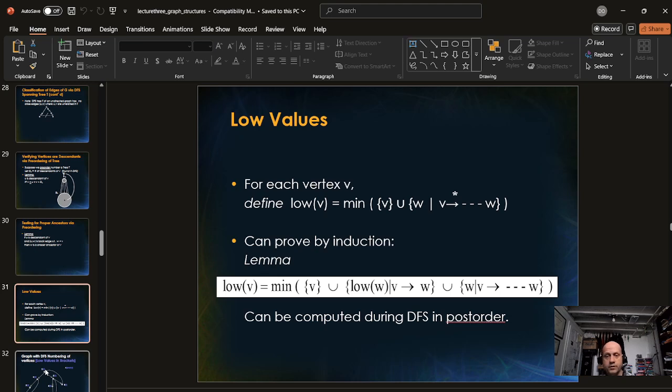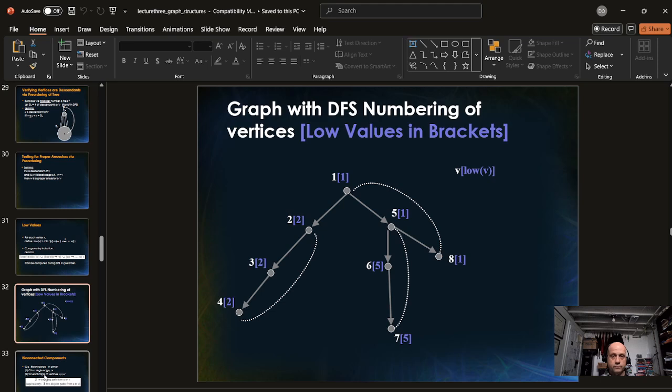So it's going to be computed during depth first search in post order. Graph with depth first search numbering of vertices, and here the low values are presented in brackets.